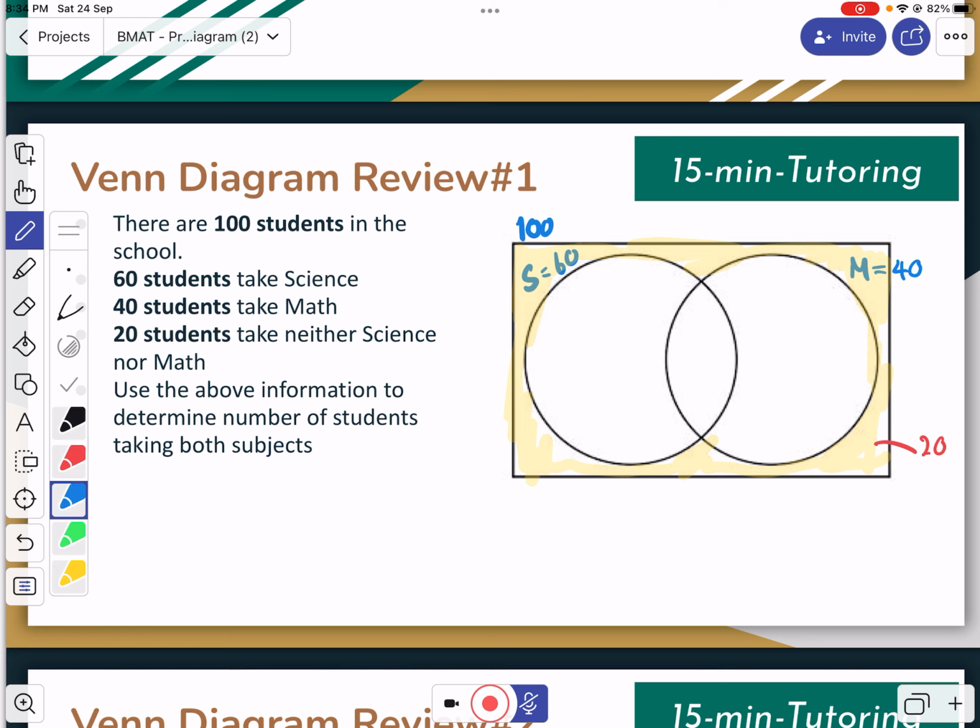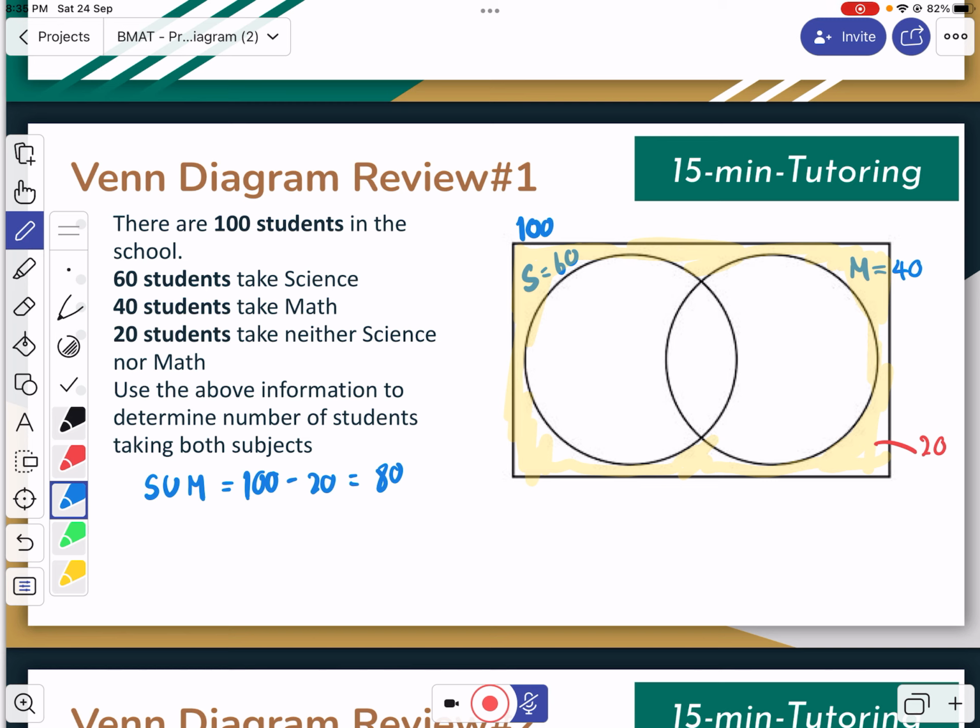So in set terminology, we say S union M. Combining the science and the math class, we have 100 minus 20, 80 people. Okay? So that's the first way we can look at the area of S combined with M, or S union M.